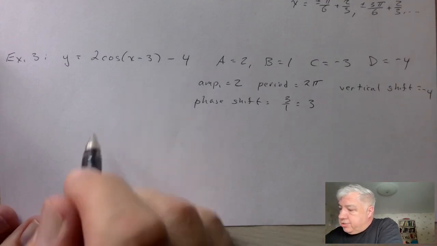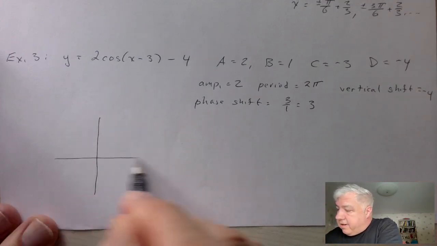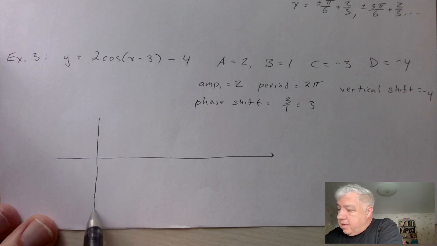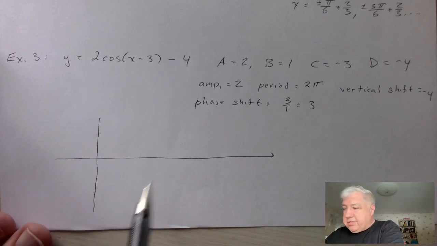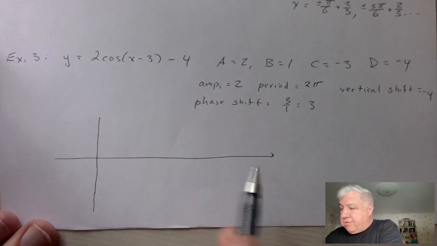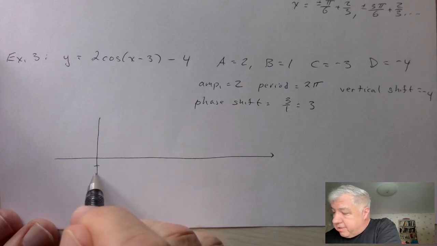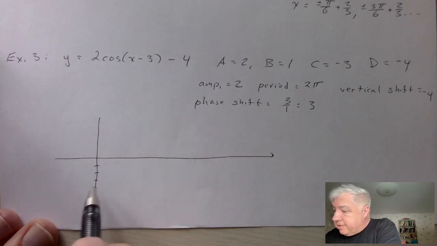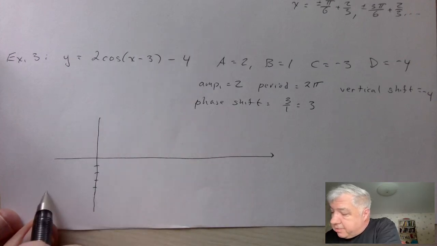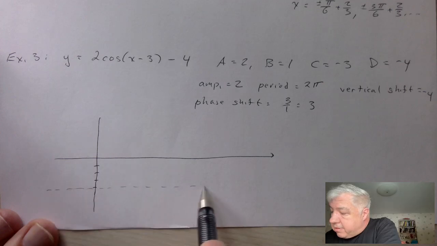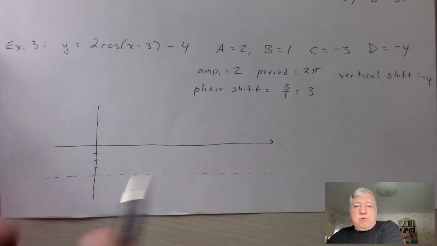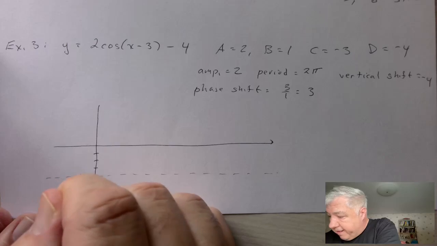Okay, so when we graph this, we're going to see most of the action. Actually, the entire graph is going to be below the x-axis. And here's 1, 2, 3, 4, -4. The graph will be centered along this line here at -4.